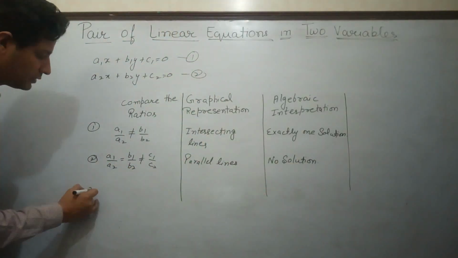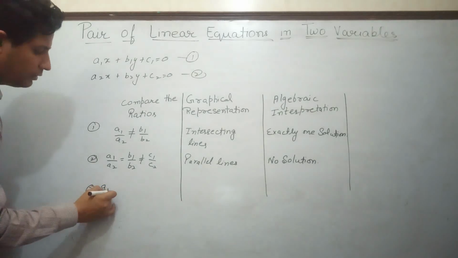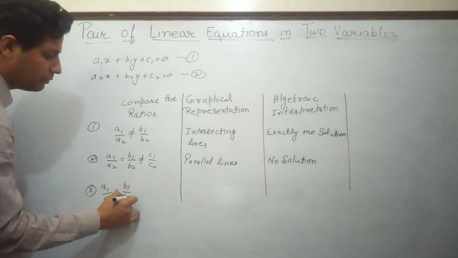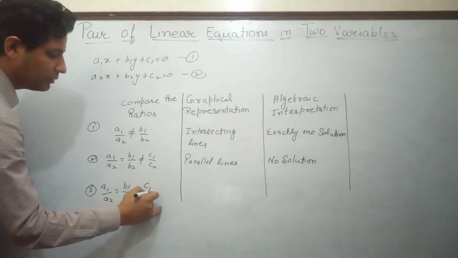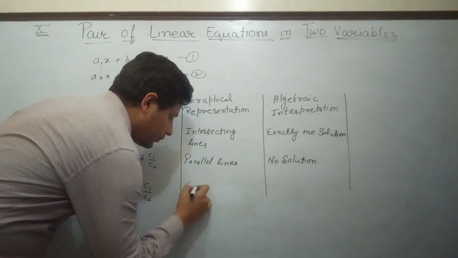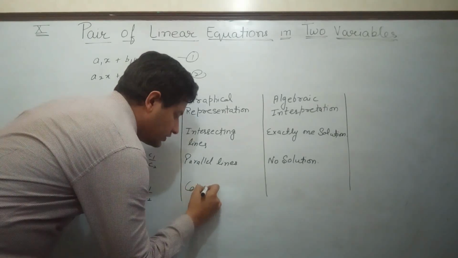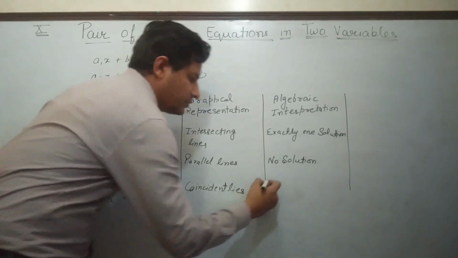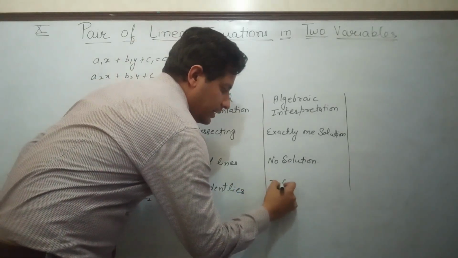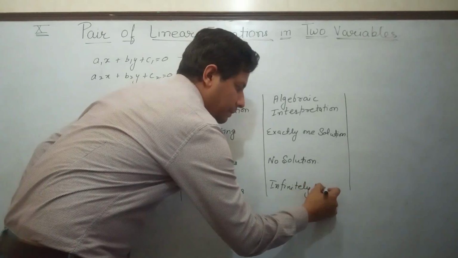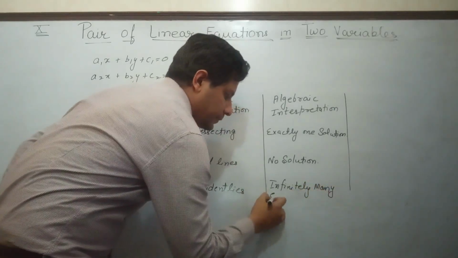Third one is a1 by a2 is equal to b1 by b2 is equal to c1 by c2. So we have coincident lines. Means we have infinitely many solutions.